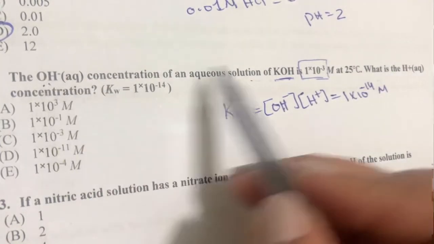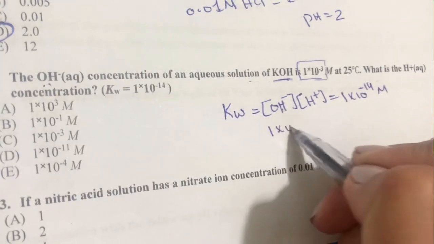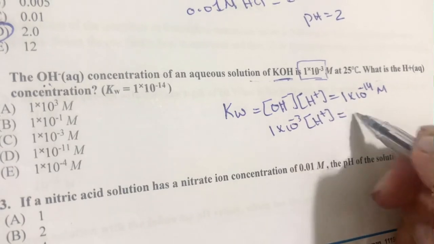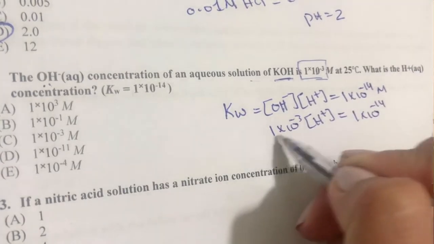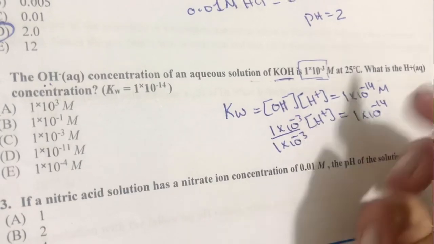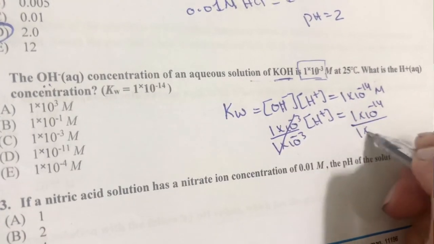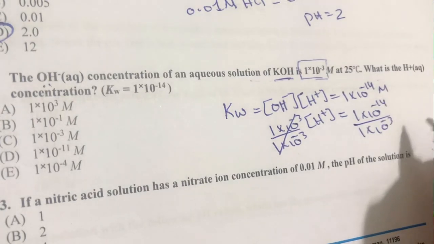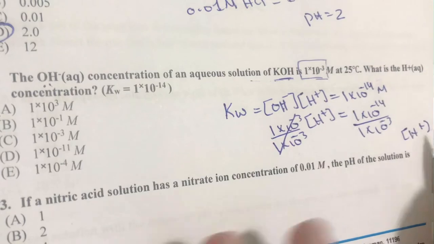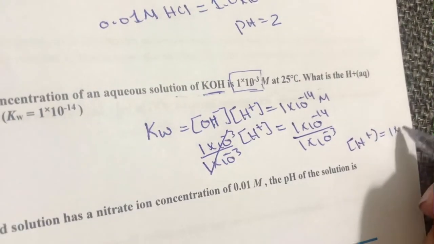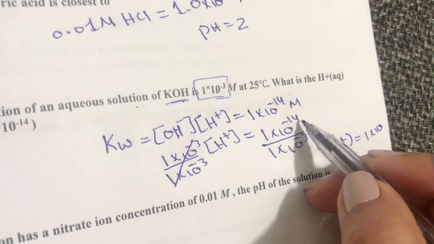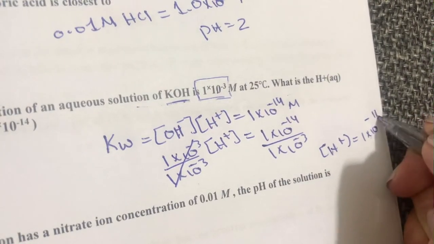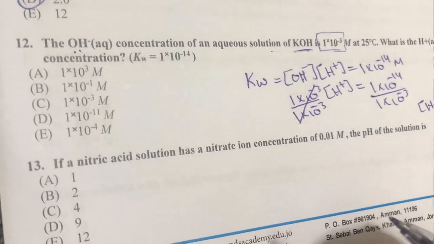The concentration of hydroxide equals 1 times 10 to the power minus 3, so the concentration of hydrogen equals 1 times 10 to the power negative 14 over 1 times 10 to the power negative 3. So the concentration of hydronium equals 1 times 10 to the power negative 14 plus 3, negative 11. So the answer is D.